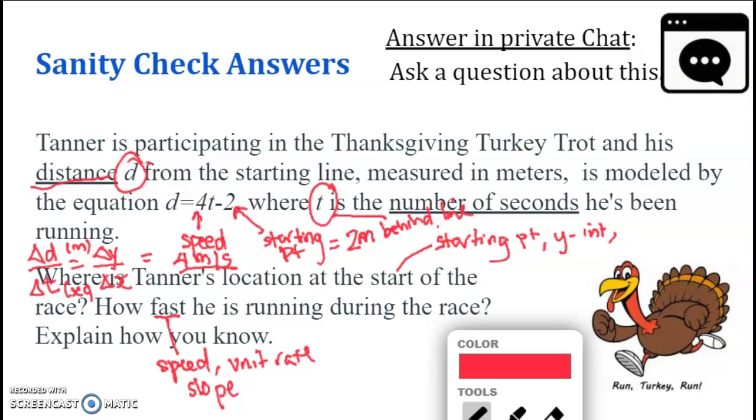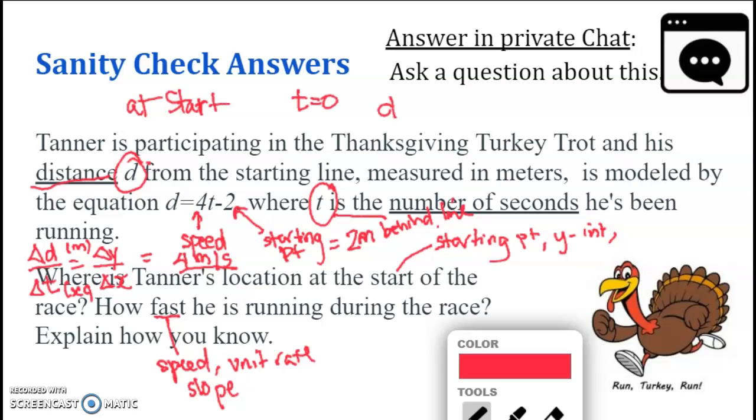Now, how would I know that if I got this, that this is correct? Well, one way to know is to plug it in. How do I know when he's starting? At the starting point, what is the time? Time is 0, isn't it? So at the start, time is equal to 0.